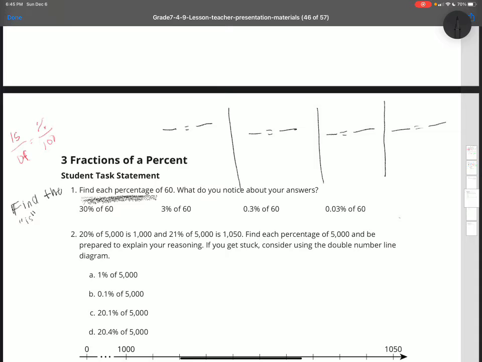I mean, why not? We're just setting them up. So it's going to be 30% over 100. We have 3% over 100. We have 3/10% over 100. And we have 300% over 100.